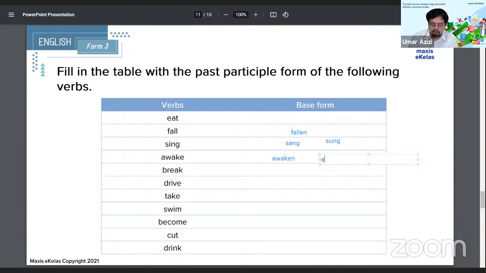Awaked. The dragon awaked from its slumber. But is that the past? What's the past tense then of it? Is it also awoken? All right, I'm awakened.